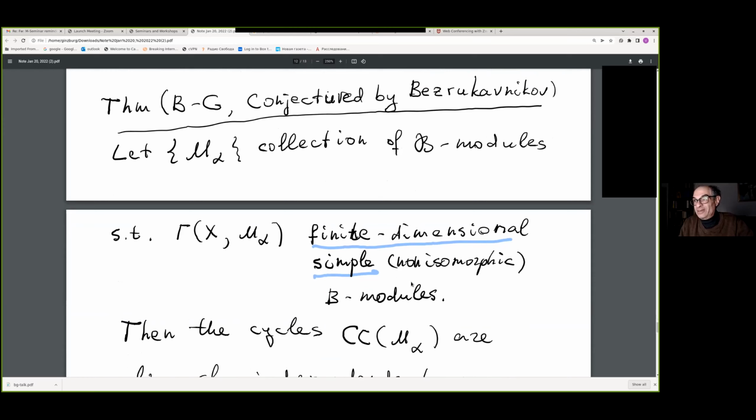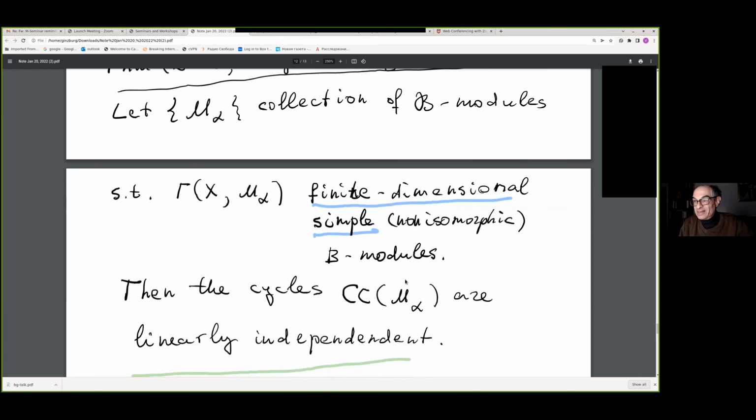So we look at the curly B modules, the sheaves, such that the global sections are finite dimensional and simple. Then the statement is that if these finite dimensional simple modules are non-isomorphic, then their characteristic cycles are linearly independent. So in other words, linearly independent as elements of... I will say it below in 3 lines. Okay, so this is the statement, very simple.